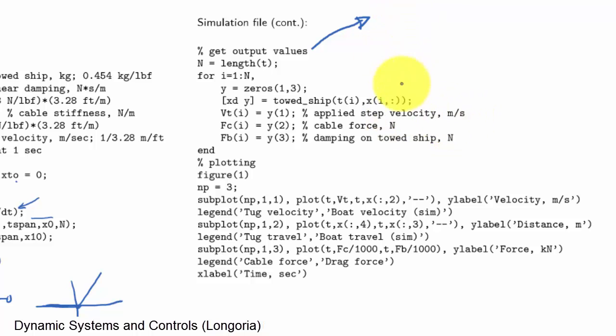They're the velocity of the ship, cable force, and the damping force. So this is the key step right here: you can use that function file, the sim function file, in any calls this way.